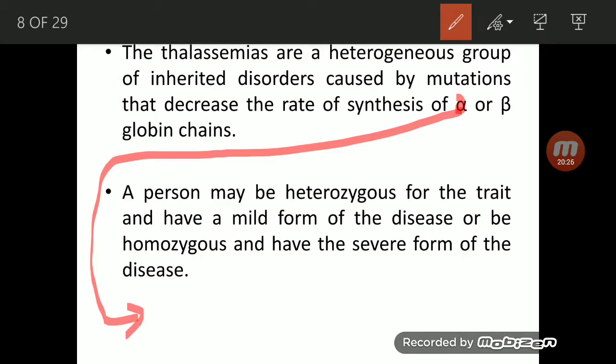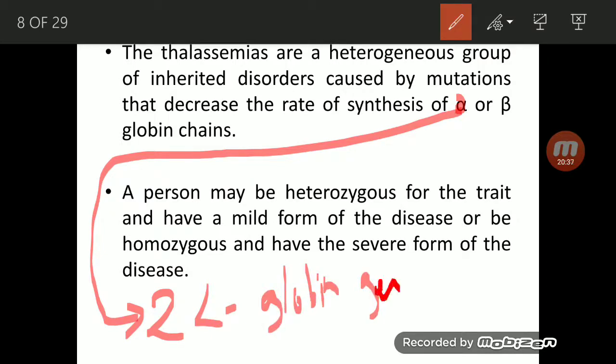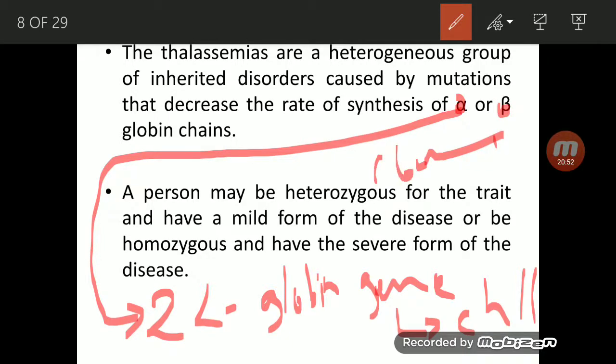This is a protein, so after translation your alpha chain is formed. Whereas your beta globin chain is encoded by a single gene, which is present in chromosome 16. So this is a pair of genes. Two pairs means there are 4.